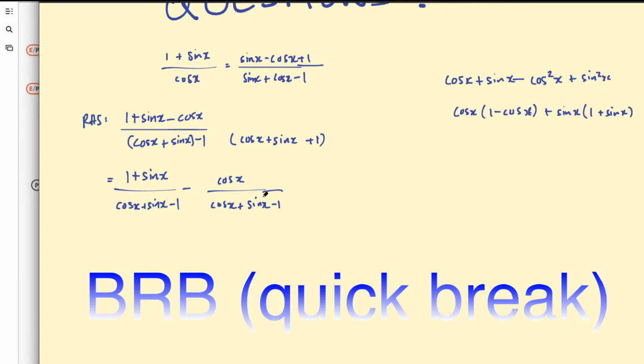So the question is which one? So let's try multiplying this one by cosine x plus sine x plus 1. Or even this step. Okay, maybe this step.